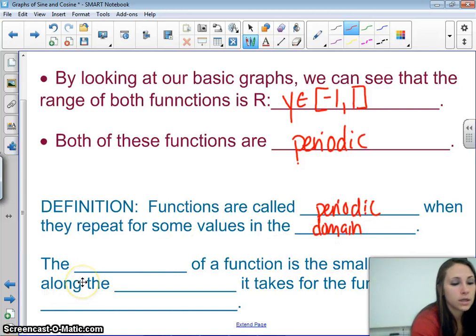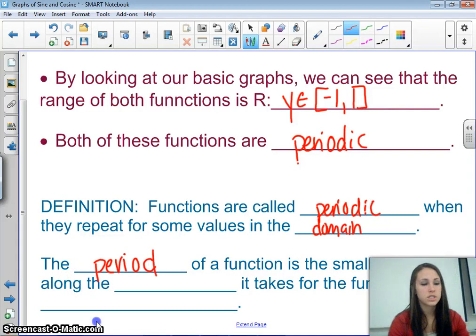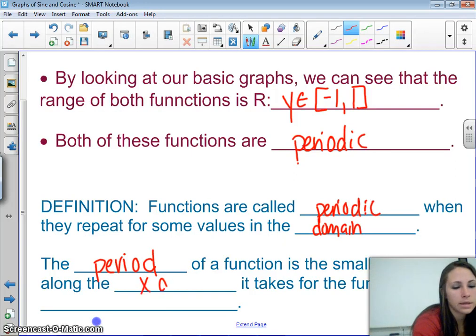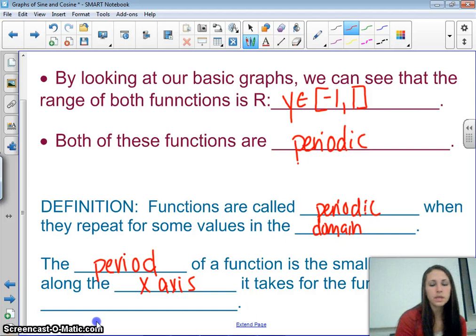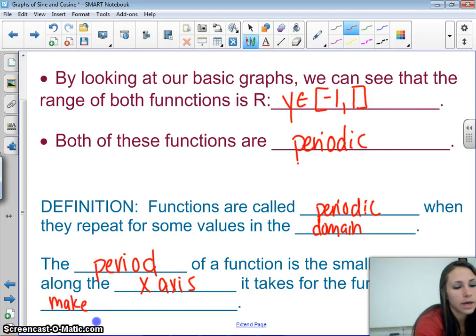So the period of a function is the smallest amount, and I'm going to talk more about this in a second, the smallest amount along the x-axis it takes for the function to make one full cycle.